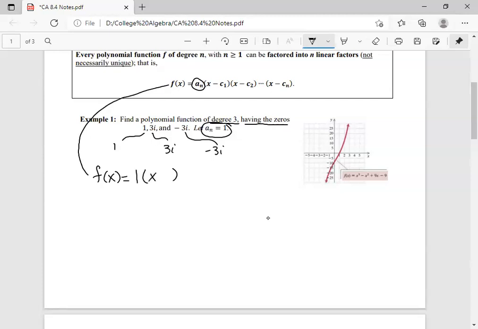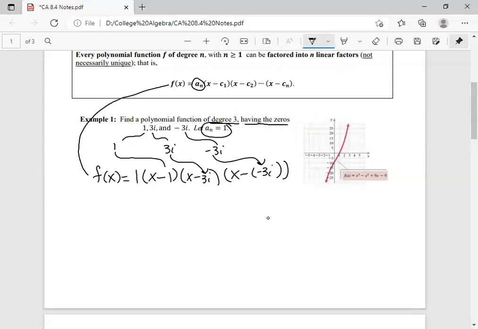Then I'm going to do x minus c sub 1. Okay, that's this 1. The next thing I would do is x minus whatever this is. So if it's 3i, the next thing I'm going to do, because I'm continuing this pattern and I'm subtracting off all of these, is x minus this one, which most of you already knew if it was a negative 3i, this one's going to be what?